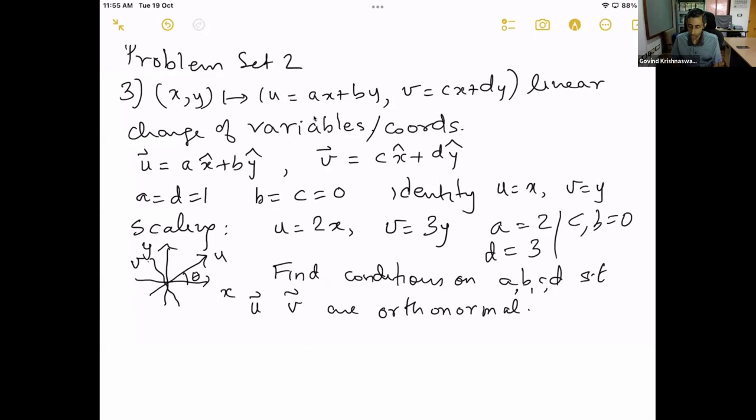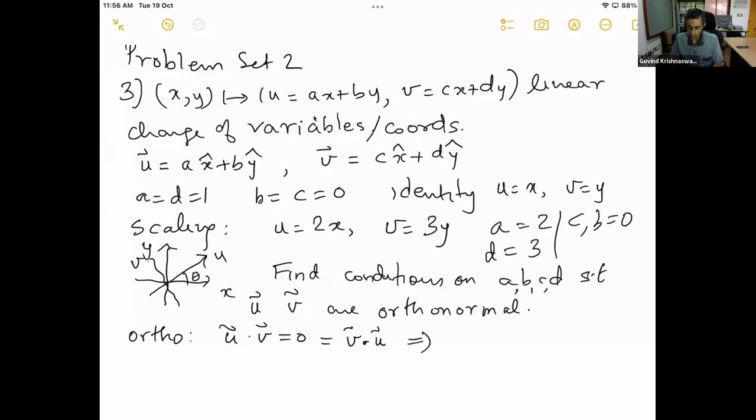Going by definitions, orthonormal means orthogonal and of unit norm. Orthogonal means u dot v has to be 0. Automatically, of course, v dot u would also be 0, because it's commutative.